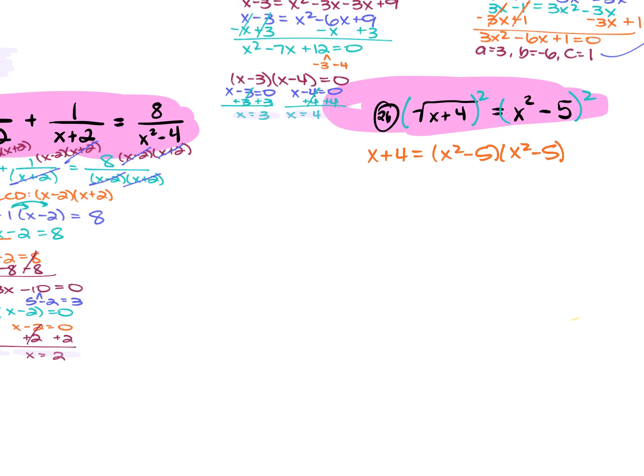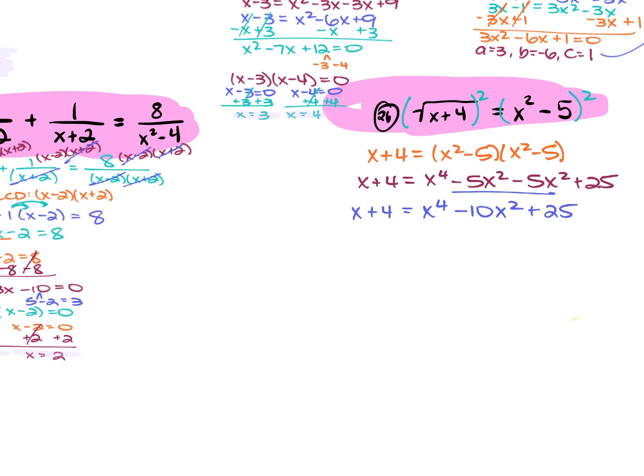Okay, so on that right side, x squared times x squared is x to the 4th. x squared times negative 5 is negative 5x squared. Negative 5 times x squared is negative 5x squared. And negative 5 times negative 5 is positive 25. From here, you have like terms on the right side, so combine those x squared. You have x plus 4 is equal to x to the 4th power minus 10x squared plus 25.